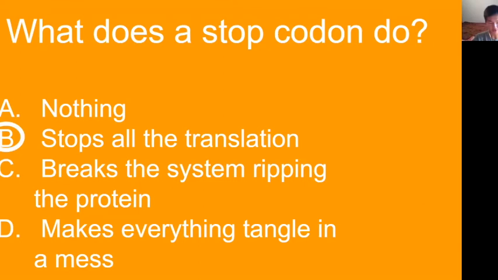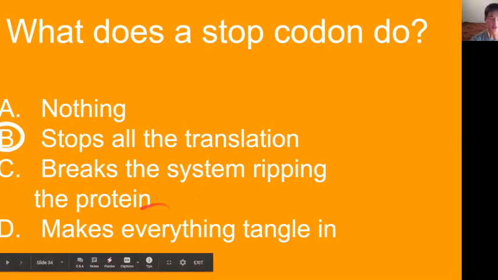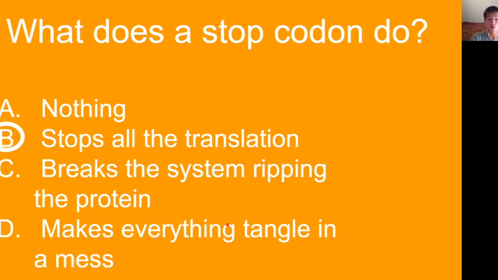We made sure it's all ready, it doesn't get eaten by the enzymes in the cytoplasm. We add the cap, we add the tail, we're like, okay, we're ready. And then we go and we make it. And then our hard work, the protein, we just break everything. That would be a very sad day, right? Or another thing is if it makes everything tangle, that'd be a huge mess. And it's almost the same thing as breaking it, because we're like, well, where's our protein that we made?